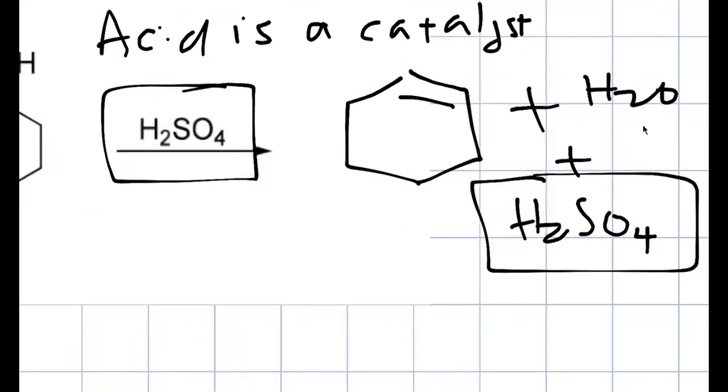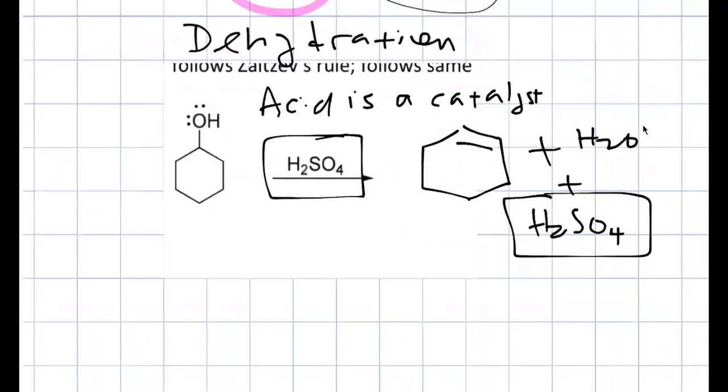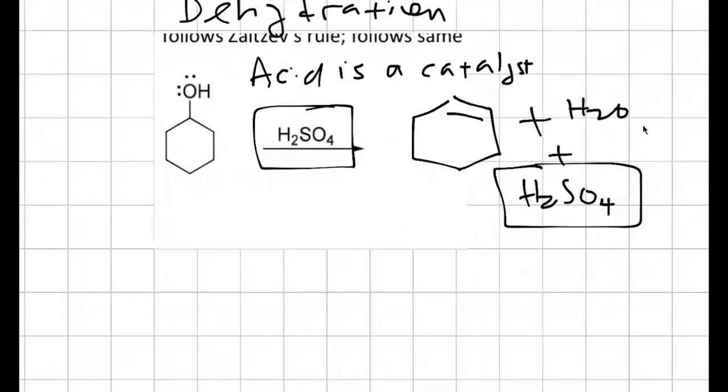The acid is acting like a catalyst. It's not going to get used up. So every time you go through the mechanism from start to finish, you're going to regenerate the acid, and then that acid can go back and you start over on another mole of alcohol.